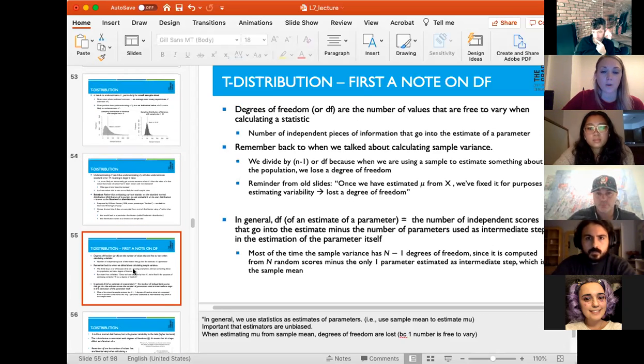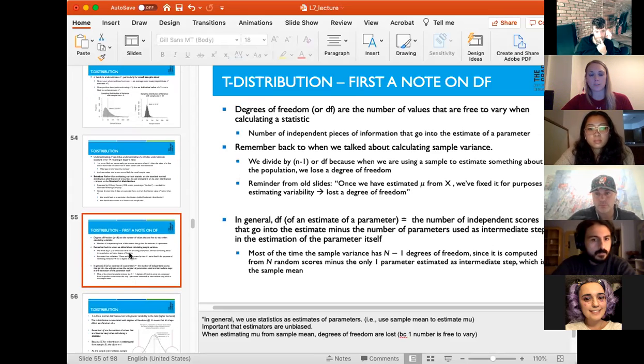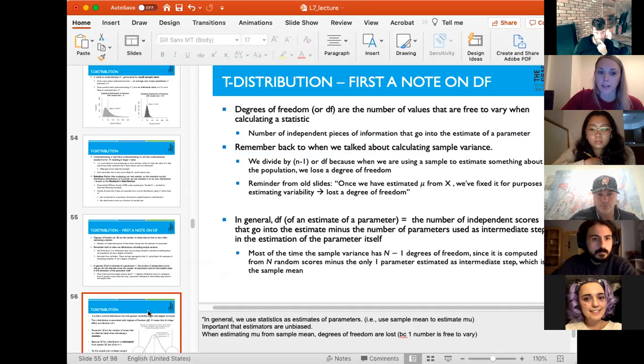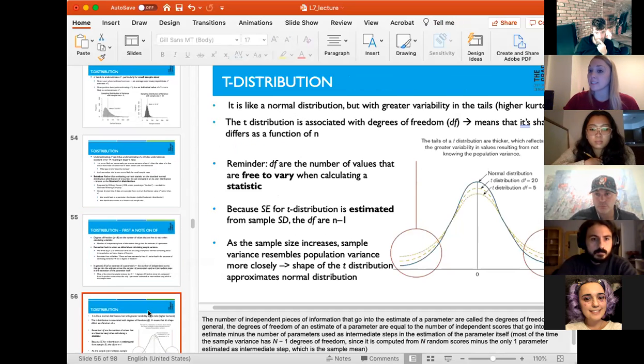All right, so we're going to use our sampling distribution, but now our t distribution instead of our z distribution. And whenever we're calculating our sample variance, remember, we're going to divide by n-1 because we're using this estimate. So we're losing a degree of freedom instead of dividing by n. And then we're going to be able to calculate a t-score instead of a z-score.